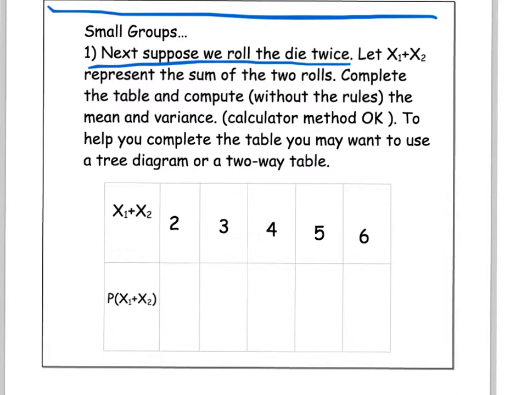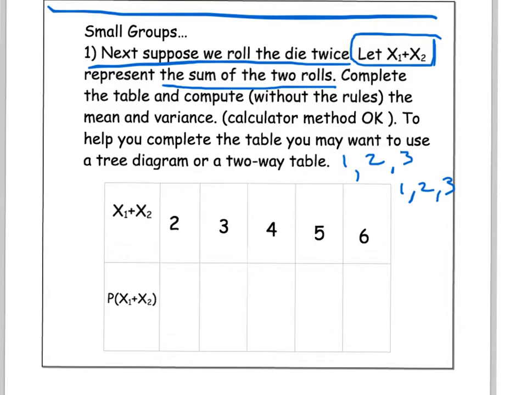This is that funny-sided die with one face showing a 1 and two faces showing a 2 and so on. Let x1 plus x2 represent the sum on the two rolls. So x1 is the first roll outcome and x2 is the second roll outcome. On the first one you can get a 1, 2, or a 3, and on the second one you can get a 1, 2, or a 3, right?